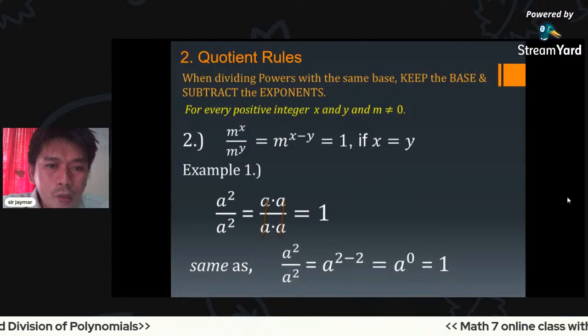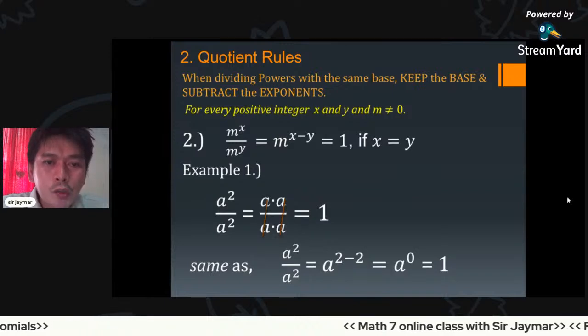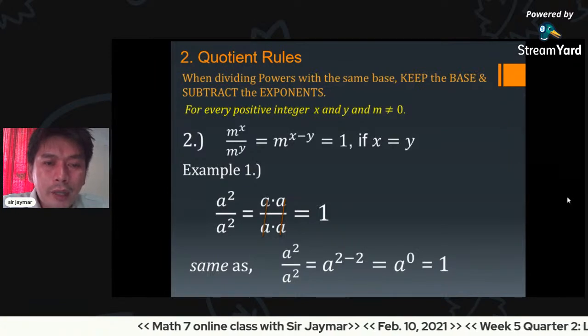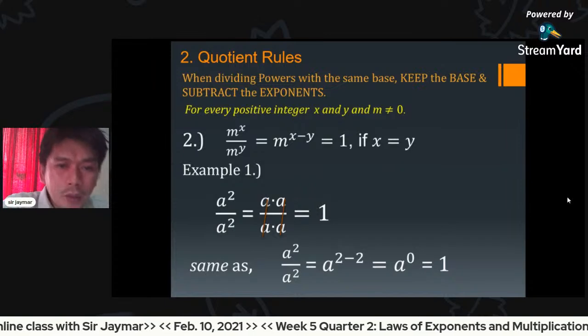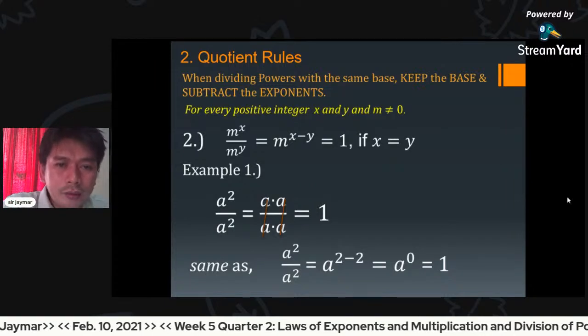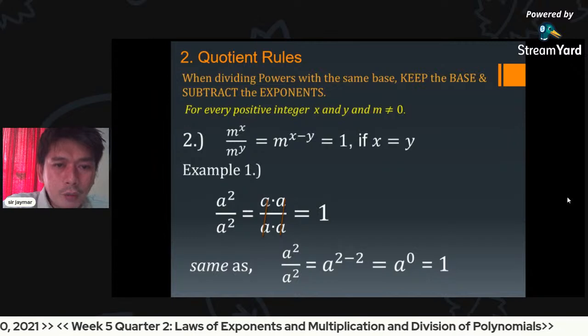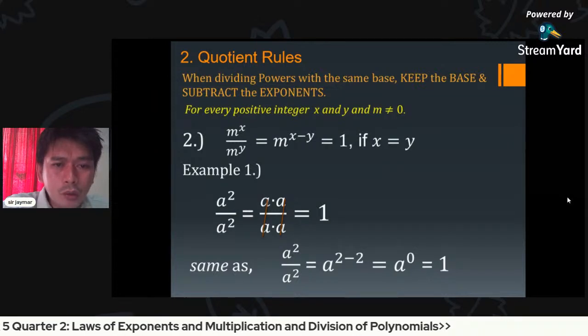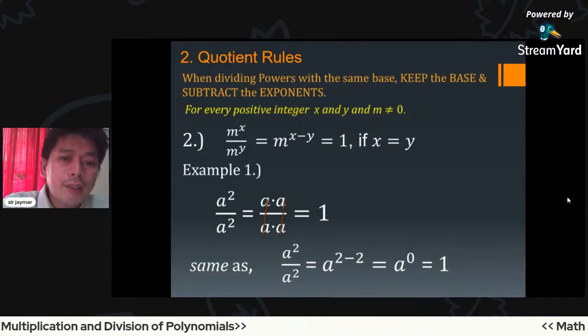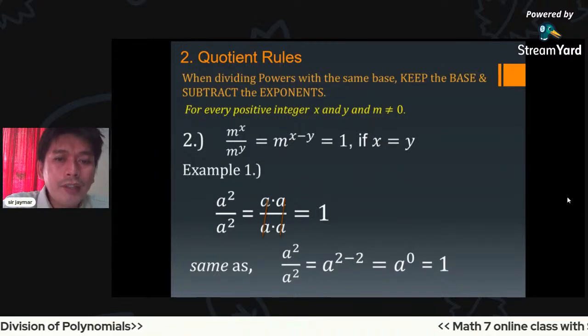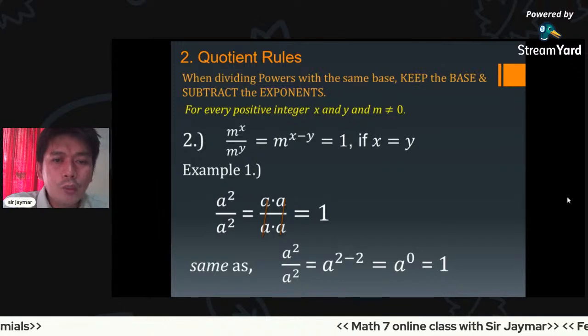So example 1, a squared divided by a squared. Expanded, a squared will be a times a, divided by the denominator a squared, which is a times a. Then you're going to cancel the variable from the numerator and the same a from the denominator. So there's no remaining variable a. That is why 1 is the answer, or 1 divided by 1 is equivalent to 1.